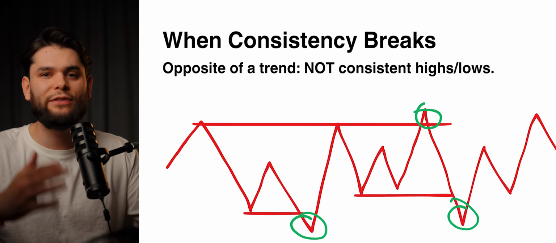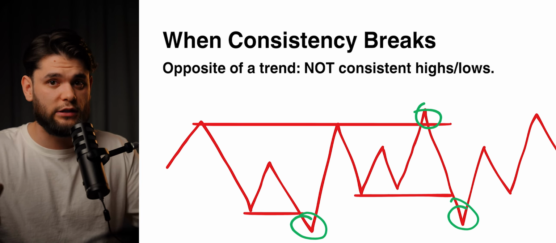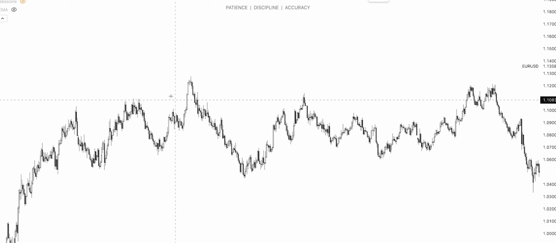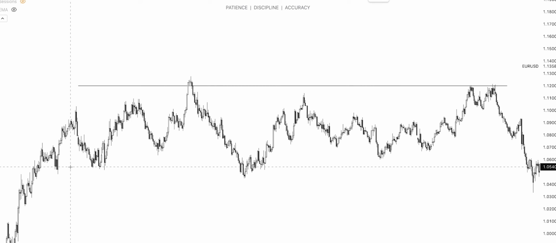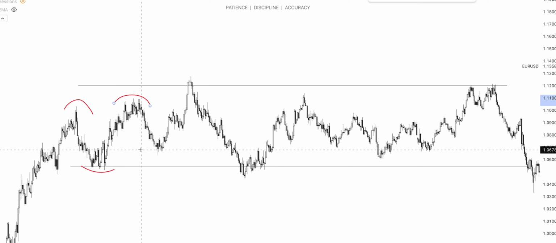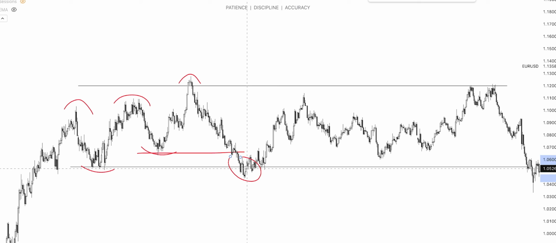Now let's look at how this plays out in real market conditions. Over here you can see clear rangy market conditions on the EUR/USD. The price is just going sideways, making a high, making a low, making higher highs, making a higher low, another higher high, but only after that the price is just crashing to the downside, making a lower low, and after that it's going to the upside, making a lower high and then a higher low, and then we are making another higher high.